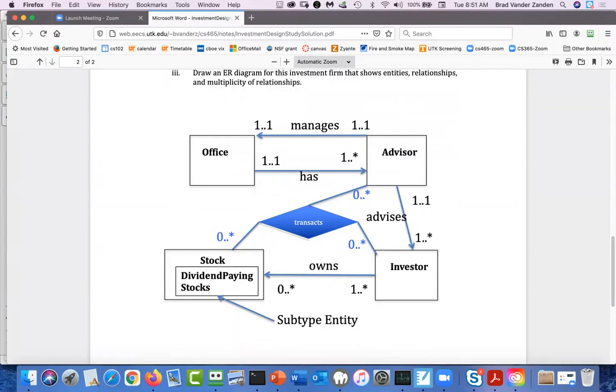Okay, so this is a special case that arises only where both a weak and a strong entity seem to be involved in a relationship.